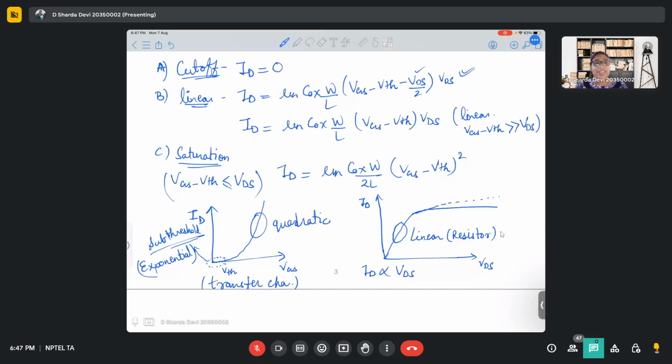Since the slope changes with your VGS, for different VGS you will get different curves and the slope changes. So different resistances you get. So we call it voltage controlled resistor, where the voltage that we are talking about is VGS, not VDS. Is this clear? So in linear region, your MOSFET acts as a resistor.